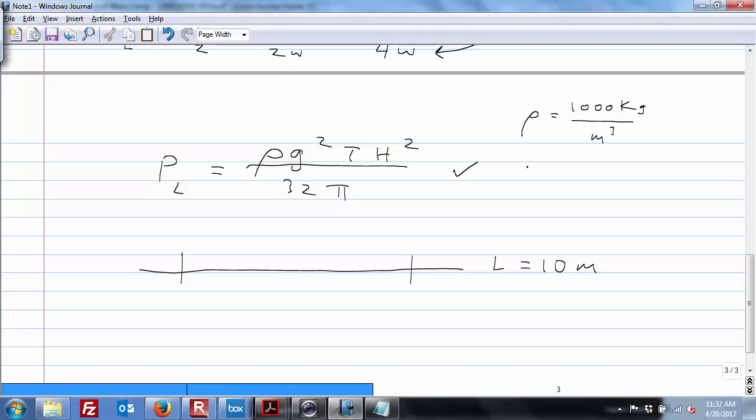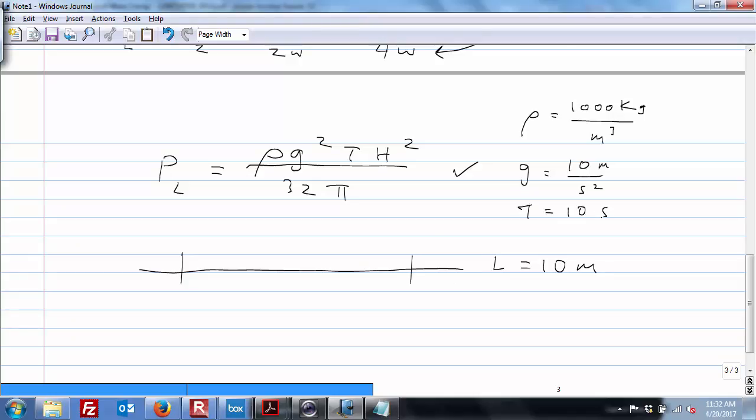We'll let gravity equal 10 meters per second squared. Now for this guy, I'm trying to think of like a windy day, maybe at Flathead Lake, and let's just say there's a wave coming in every 10 seconds, just not 1 second, not 100 seconds. Let's just say 10 seconds. Let T equal 10 seconds.